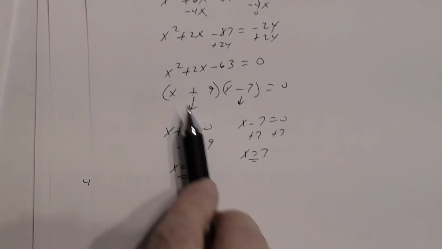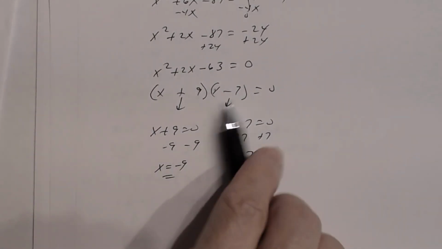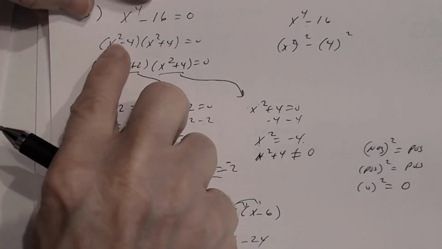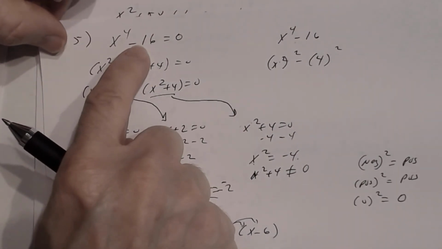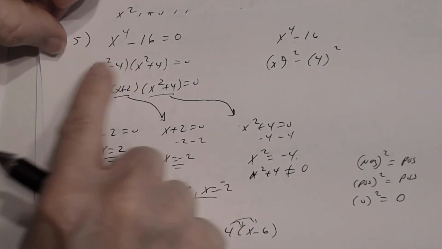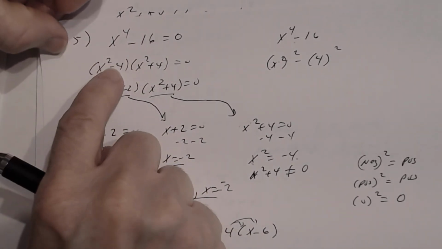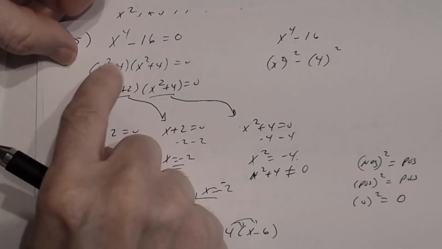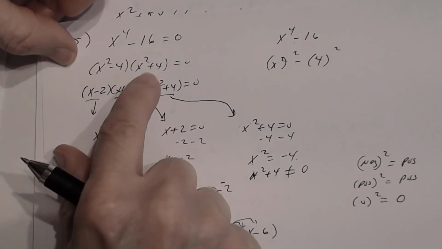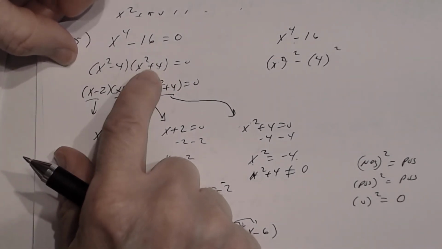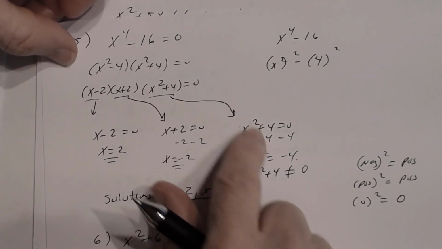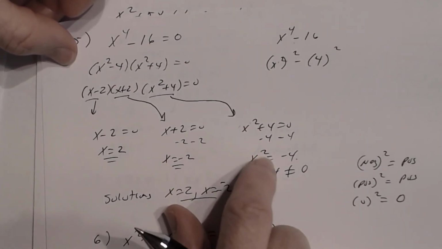Over here, number 6, same thing. You ended up with 2 linear factors. You set each one equal to 0. Now this is the one where you got to go back and look at again. So I had this original problem that was the difference of 2 squares, so I factored it. One of these factors was still the difference of 2 squares, so you went further because that's not linear. That's quadratic. That's x squared. So you factor it further. This right here, though, that's the sum of 2 squares, which you cannot factor. So if you try to get x by itself, see how I got x squared equal negative 4?